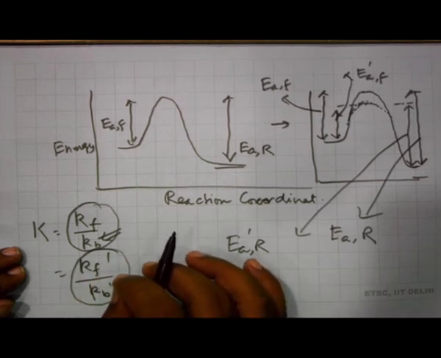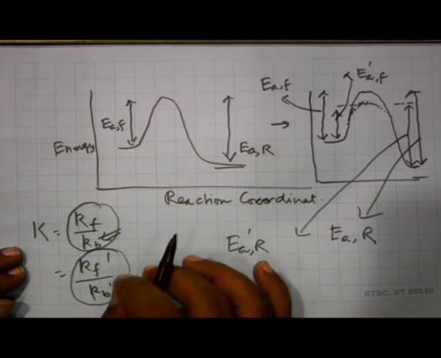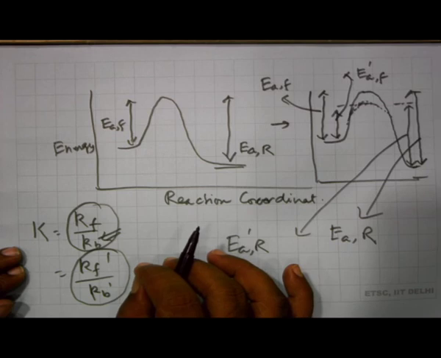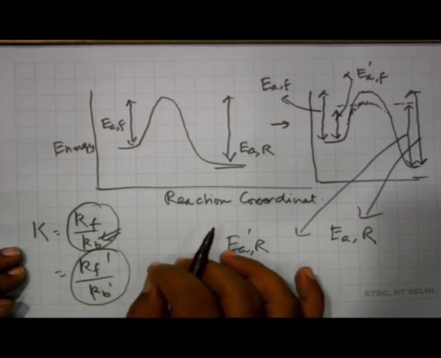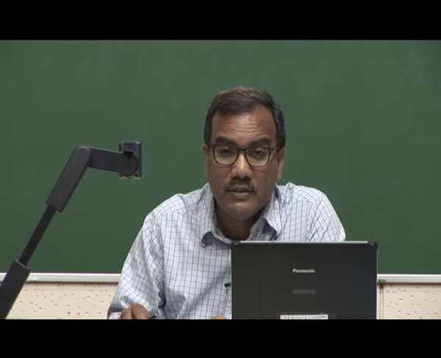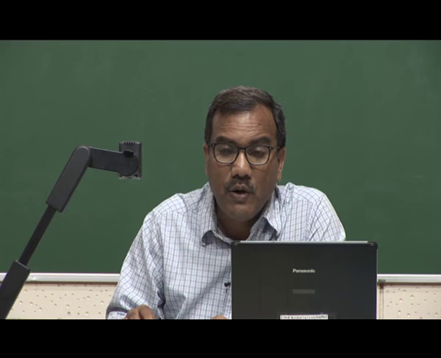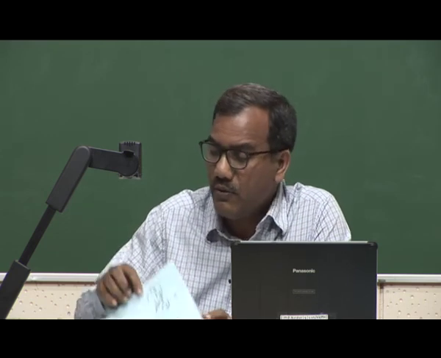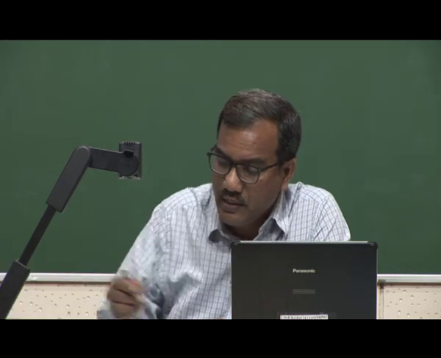So, catalyst increases the rate of both the forward and the reverse reaction, but the ratio of Kf and Kb does not change.